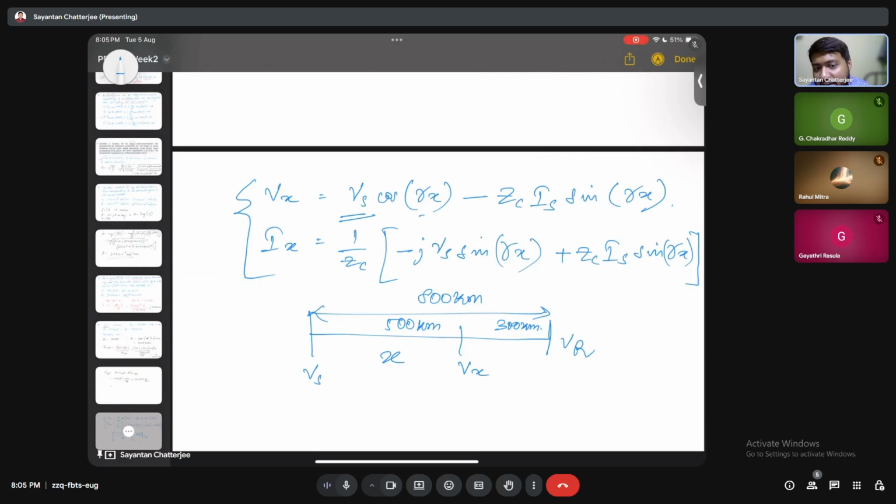For a lossless line it will be directly beta x, so the influence of gamma will vanish, right? If it is the receiving end, the subscript x will be replaced with R, meaning Vr, and the x value will be the total distance between Vs and Vr. I hope it's clear now.